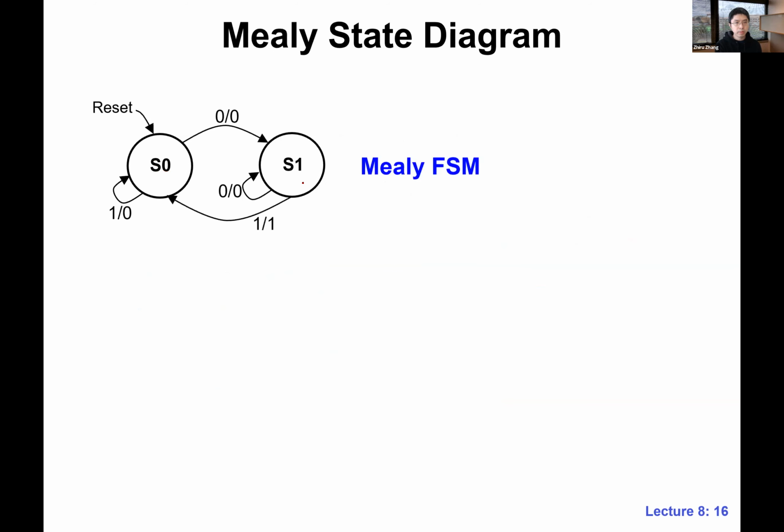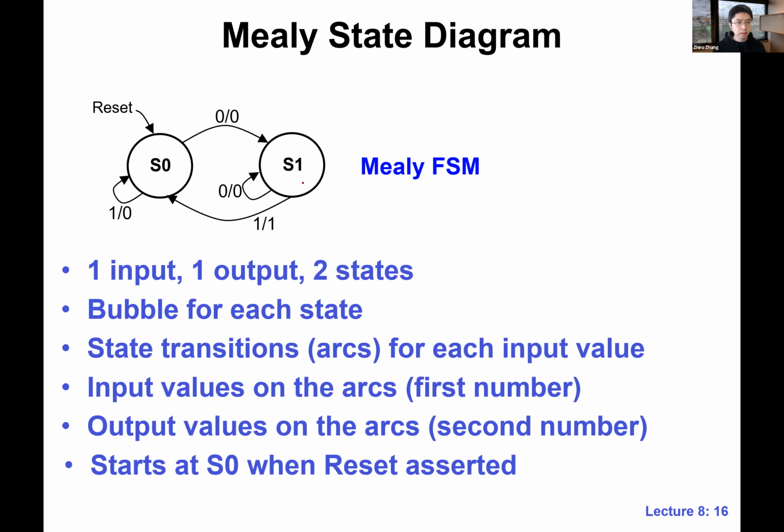Okay, so now Mealy. I'll ask you to do a quiz pretty soon, so with Mealy, make sure you pay attention. If this is still not clear, just ask. This is implementing something very similar. In this case, we have one input, one output, and just two states.